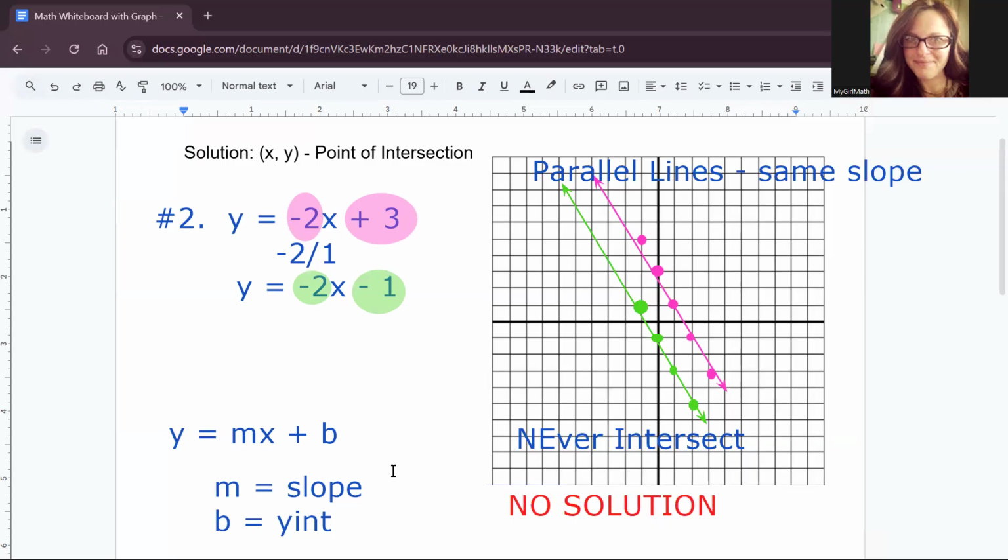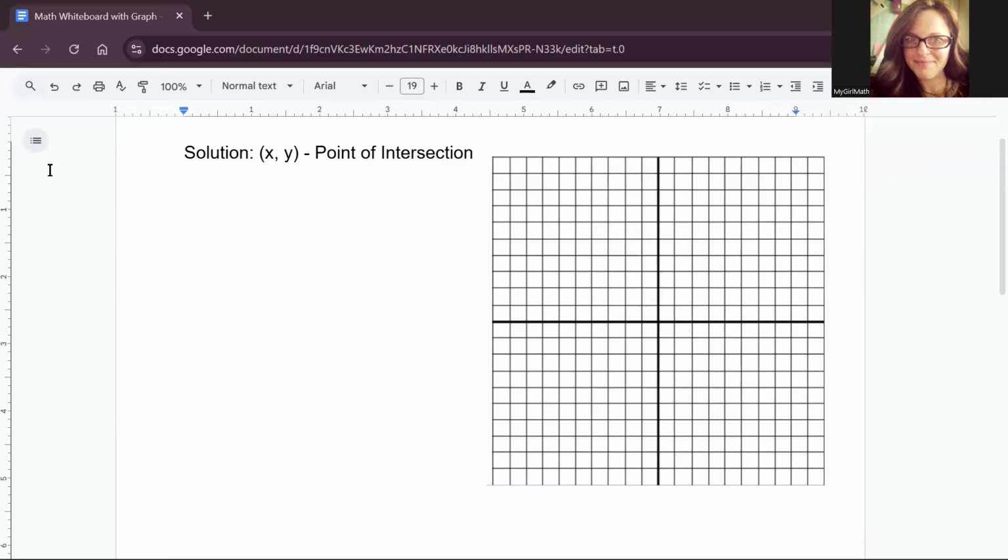Let's do one last example. Let's solve the system of linear equations by graphing.